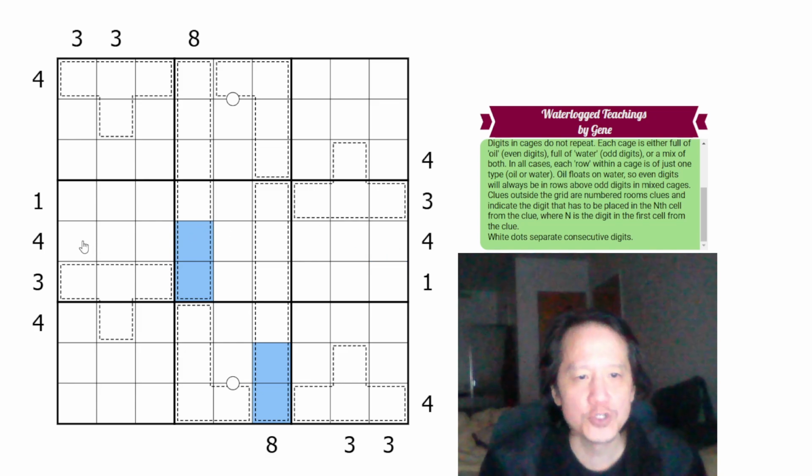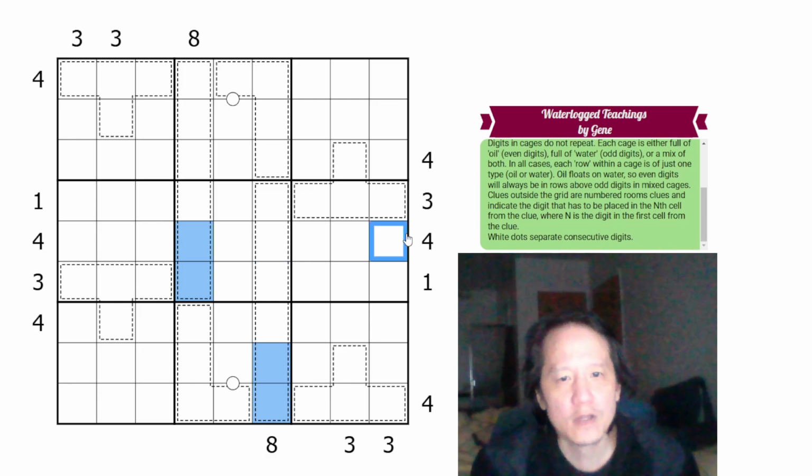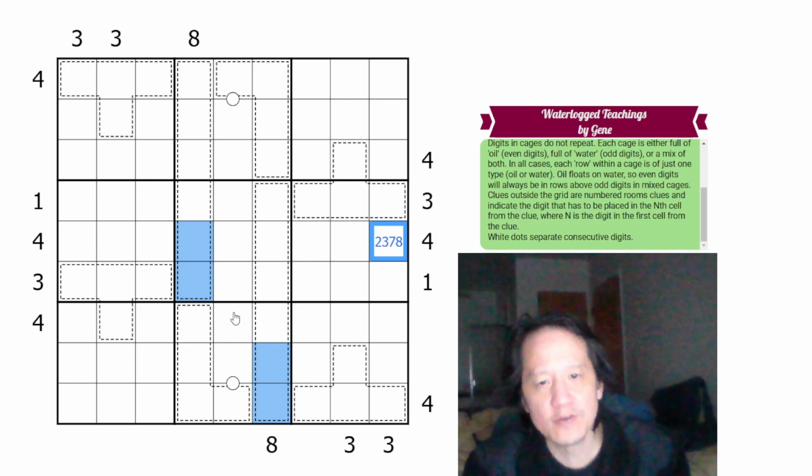We know if there's 2 numbered cells together, they have to add up to 10, right? It can never be 5 because then this would be 5 and that would be 5. But it can't be 4 and 6 because the 4 can't be in the fourth cell if it's already considered a 4. It can't be 1, 9, so this is 2, 3, 7, or 8, right?